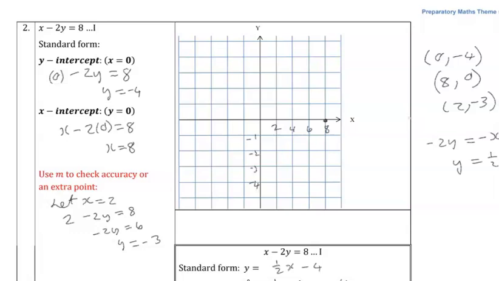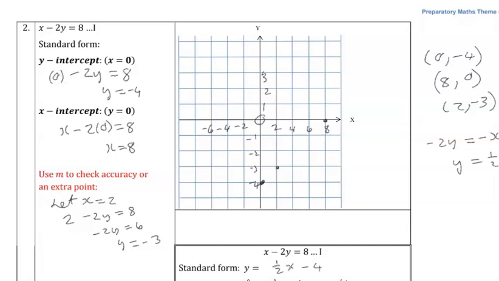It is not necessary that we have the same scale on the x and the y axis, because sometimes we need to reduce our scale a little bit. On the top we have 1, 2, 3, etc. So the other one, 0, minus 4, the y-intercept is there, and the other value, 2, minus 3, will lie there.